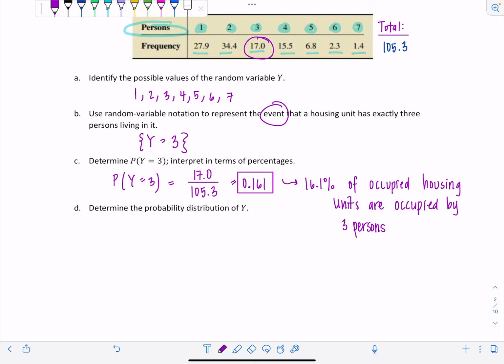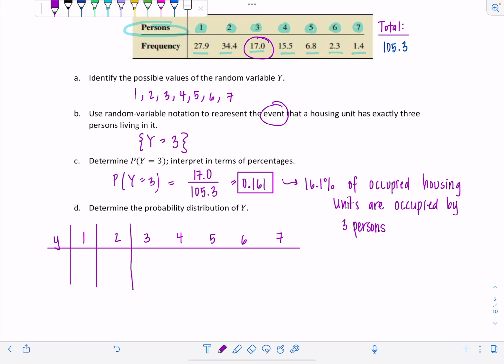So here are the values that y can take on, lowercase: 1, 2, 3, 4, 5, 6, 7. And then I'll make my own little distribution. When you're doing your homework online, you just have to fill in the table. You won't have to be drawing one like this.